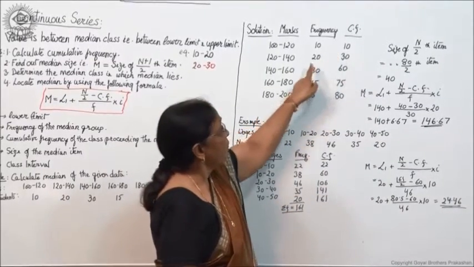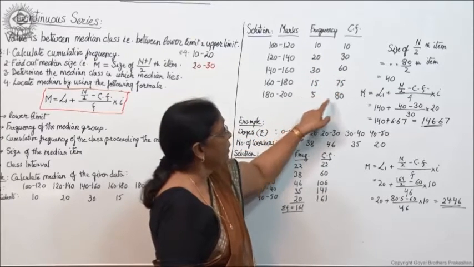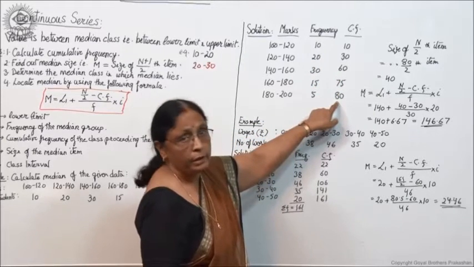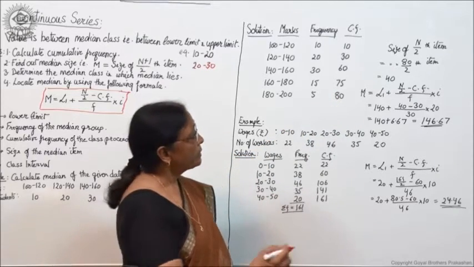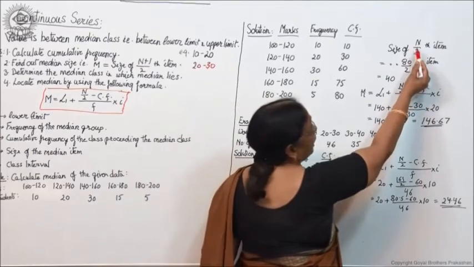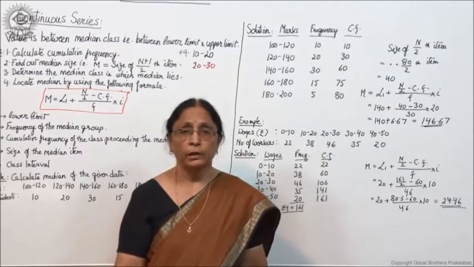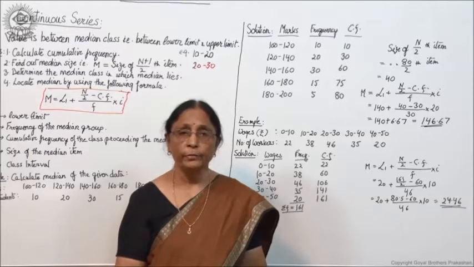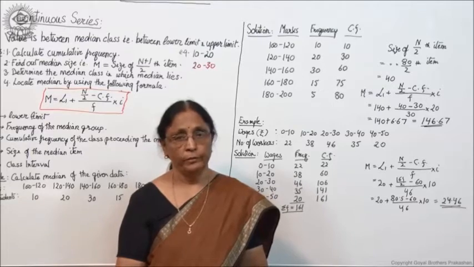10 in the first case, 10 plus 20 is 30, 30, 30, 60, 60 plus 15, 75, like this, right? So, calculate cumulative frequency. Now, the next step is to find out n upon 2 item, and as I told you earlier, n is the total number of items, or you can say sigma f, right?